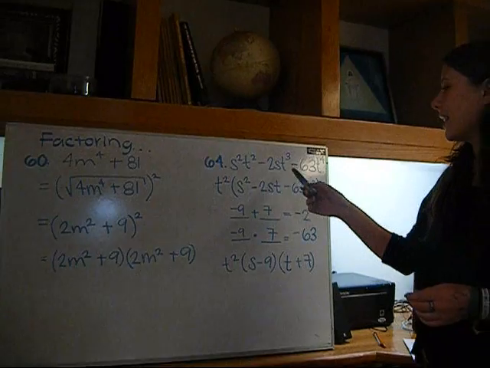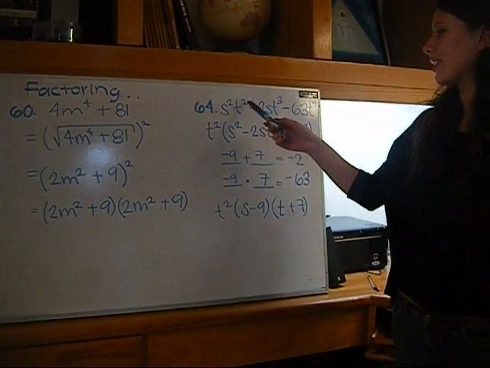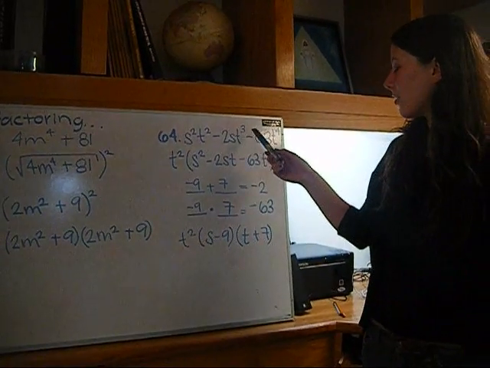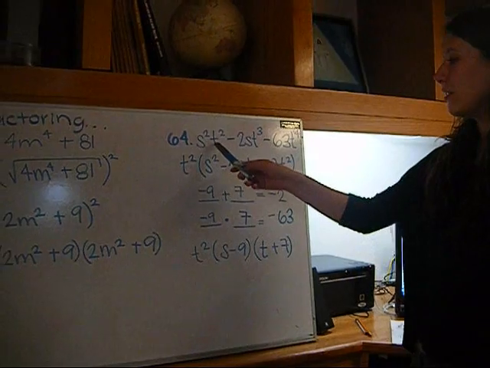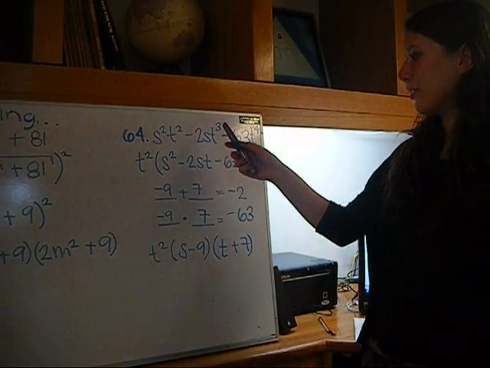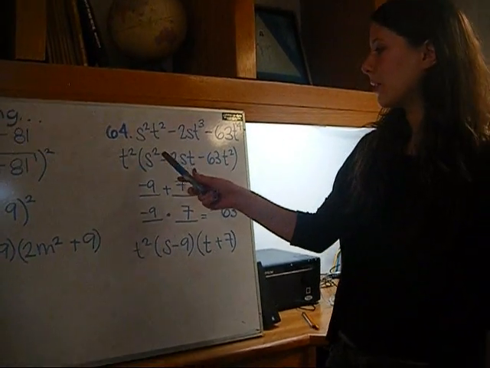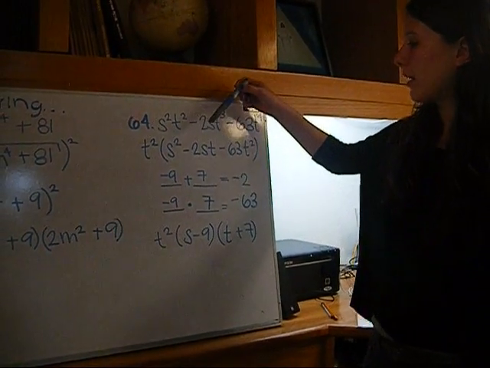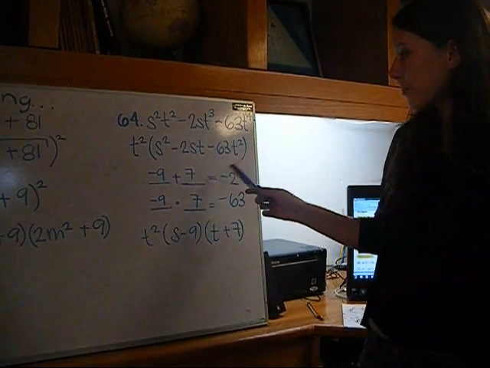Okay, the second example is s to the second power times t to the second power minus 2st to the third power minus 63t to the fourth power. We're going to take the common factor, that is t to the second, and the parentheses will stay as s to the second power minus 2st minus 63t to the second power.